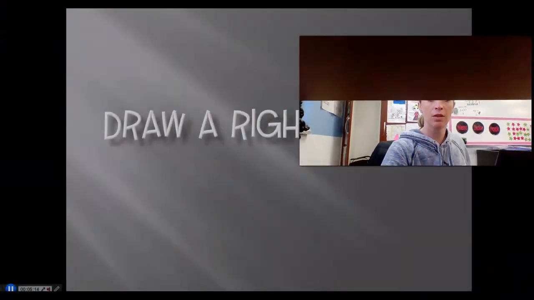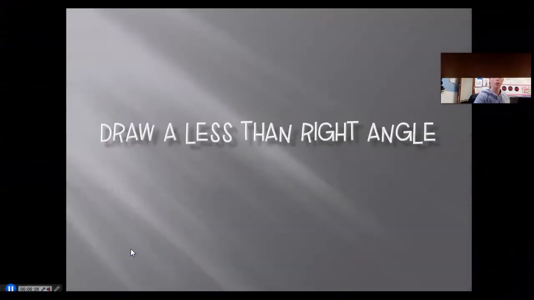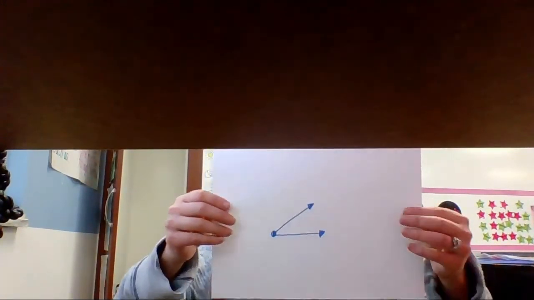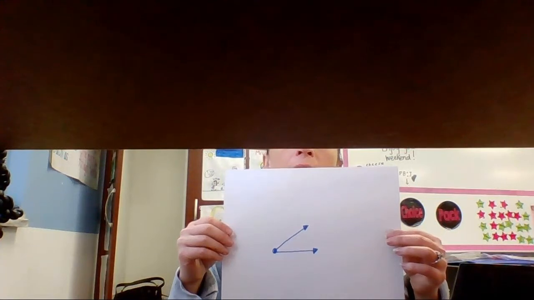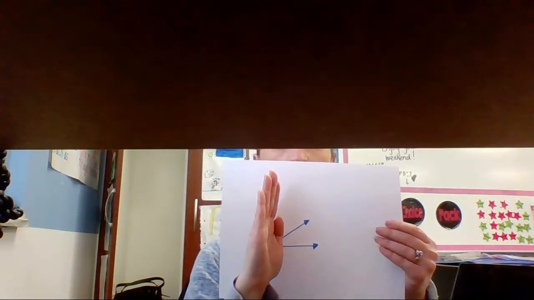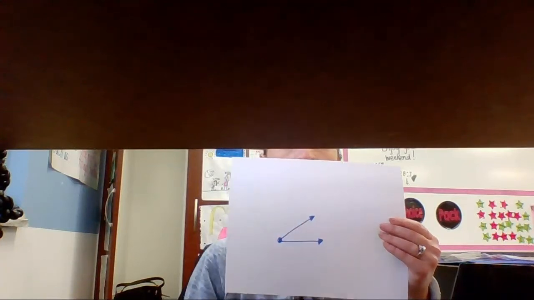All right, let's do another one. Can you please draw me a less than right angle? Pause the video, and when you are ready, press play. This is what you should have drawn. It must be less than a right angle. A right angle would be the L here. Notice it is a little angle.